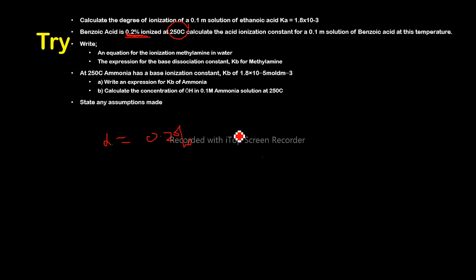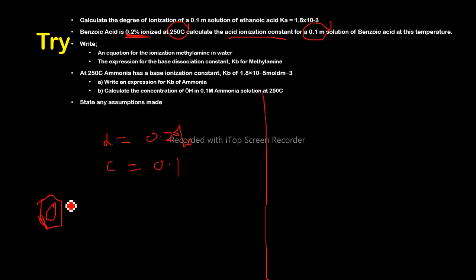We want the Ka, the acid dissociation constant, and we have the C as 0.1. From this data, can't we determine our dissociation constant? This is benzoic acid, a benzene ring and a COOH, so it is monobasic.